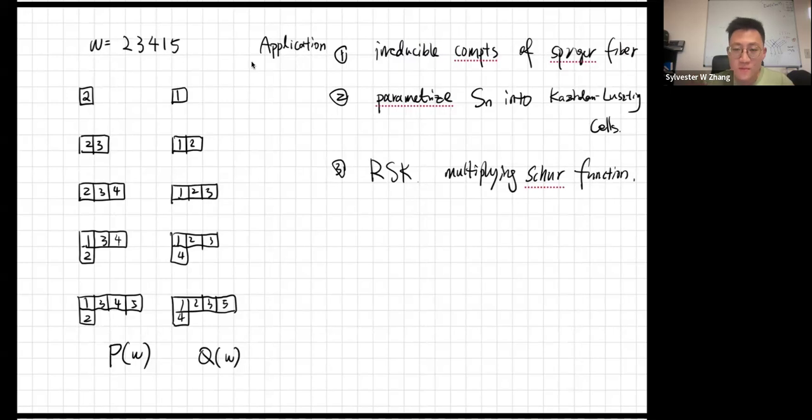And then the relative position is going to be a permutation, and that permutation is the inverse of the Robinson-Schensted algorithm that you applied on the two standard Young tableaux corresponding to the two irreducible components.